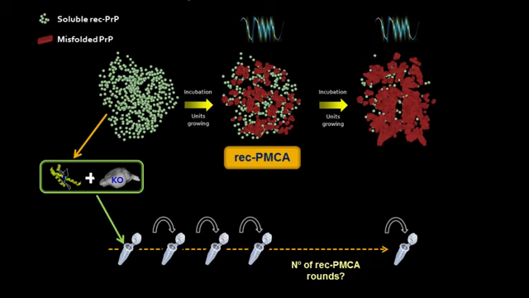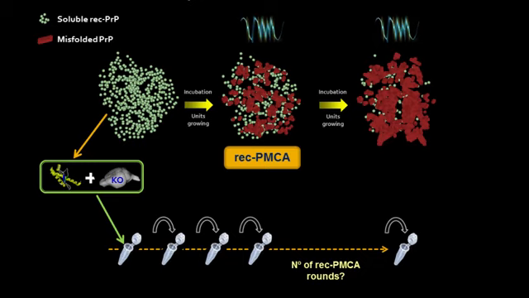For that, we use recombinant PrP complemented with knockout brain, because we know that when you use brain that is depleted of PrP, you increase the ability to generate this spontaneous misfolding.